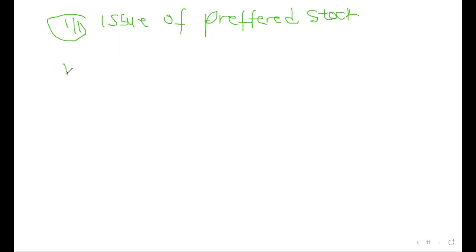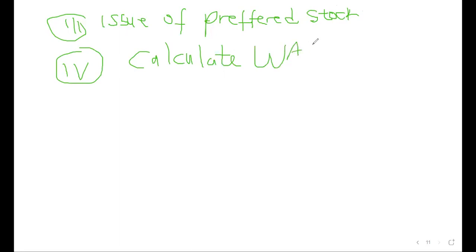Okay, now from here, after this, we can calculate the WACC. So WACC is simply the weighted average cost of capital.